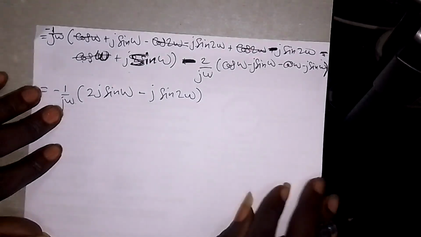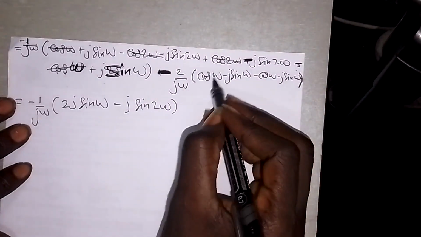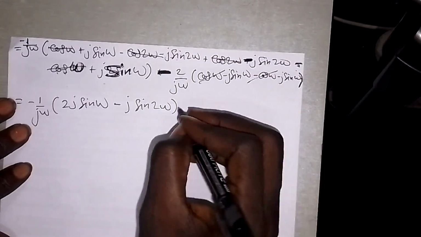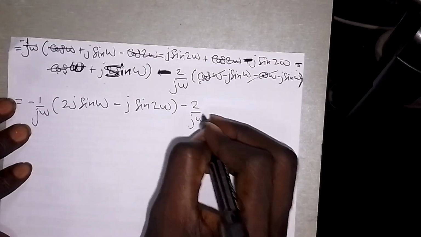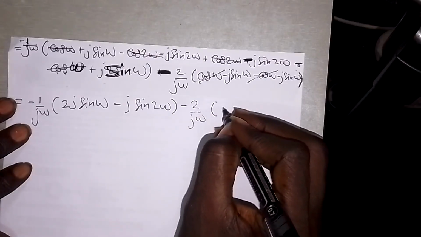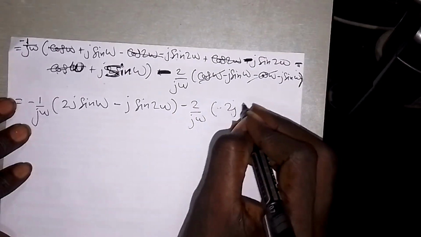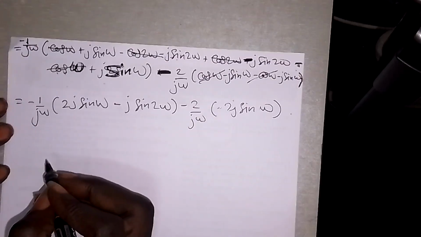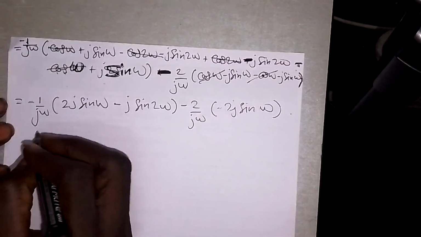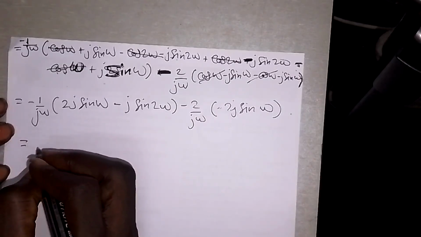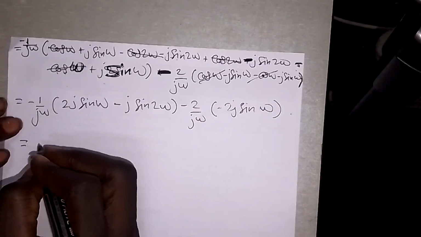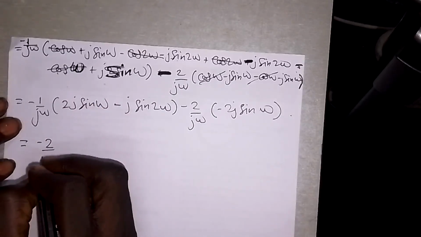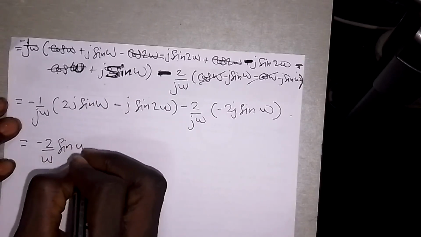If I consider here and here, they are opposite, positive and negative, so they will cancel. So I'll have minus 2 on j omega into minus 2j sine omega. Now if I multiply through, this will cancel this one, so I'll have minus 2 on omega sine omega.